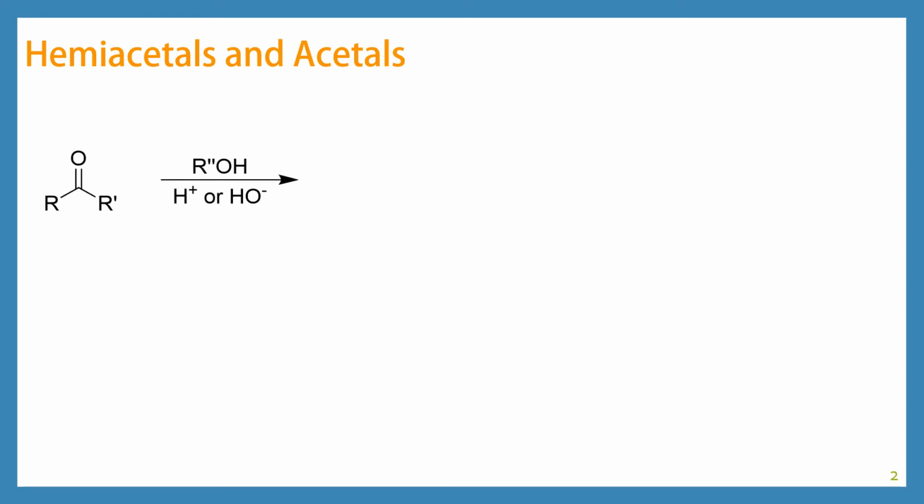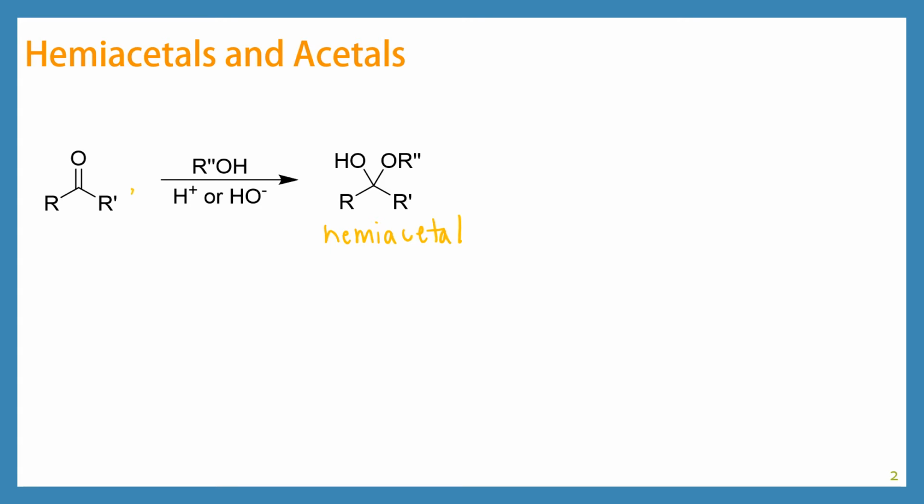So, for example, if we take a ketone and we react with one equivalent of an alcohol, I know we have a lot of R prime and R double prime going on here, but we'll do our best to keep it straight. You can do this reaction in acid or base, and this will take you to what is called a hemiacetal.